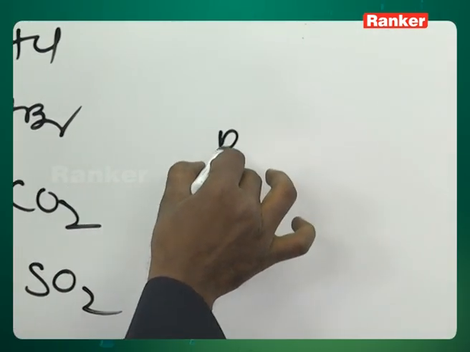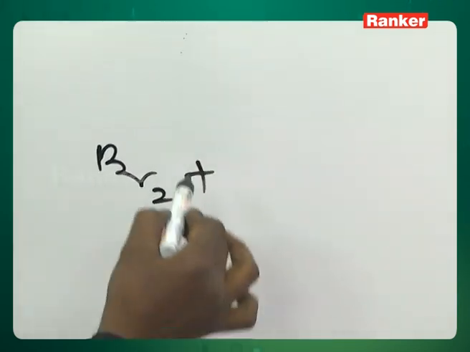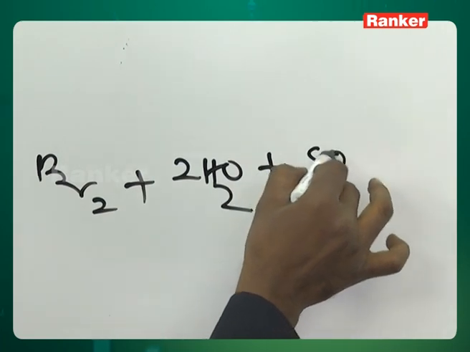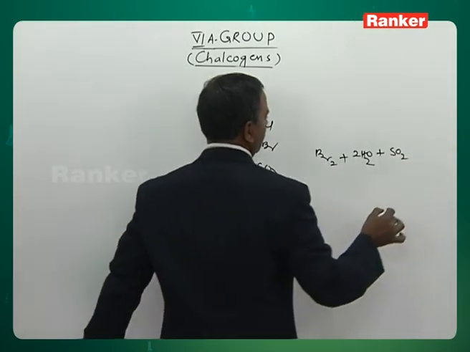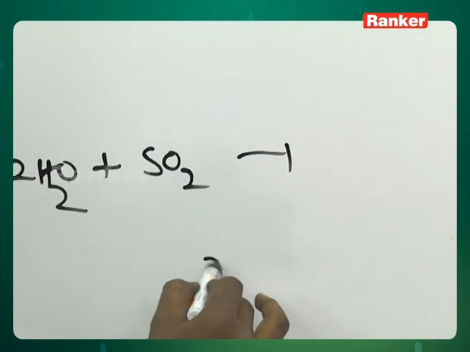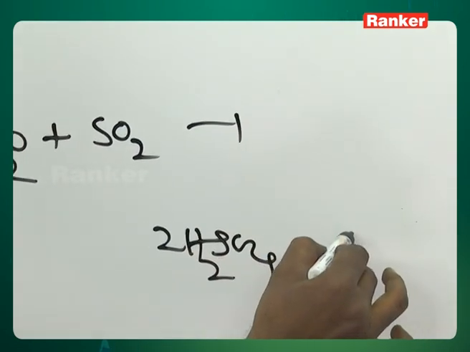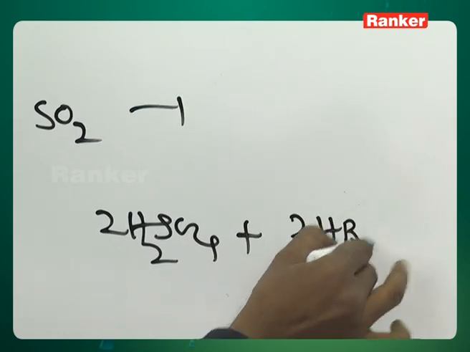Now you take bromine water plus SO2, then you are getting 2H2SO4 and 2HBr.